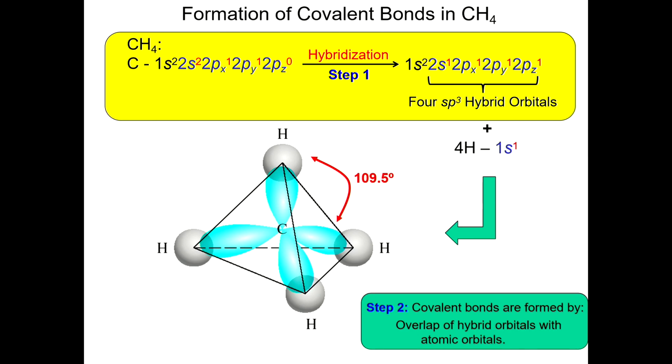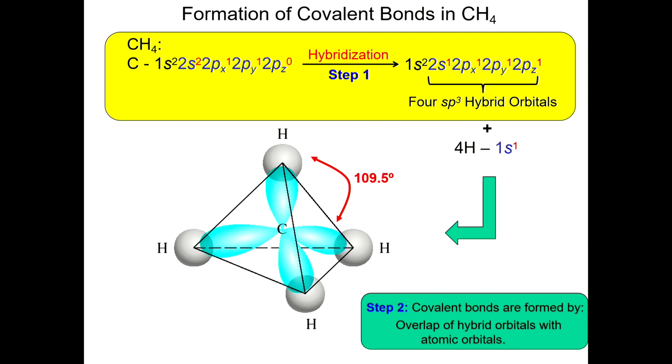Second, this is another example about carbon. In CH4, how to form the covalent bond? We know carbon is 1s2, 2s2, 2p2, right? The first step, s and p orbitals mix together to form 1, 2, 3, 4 sp3 hybrid orbitals.